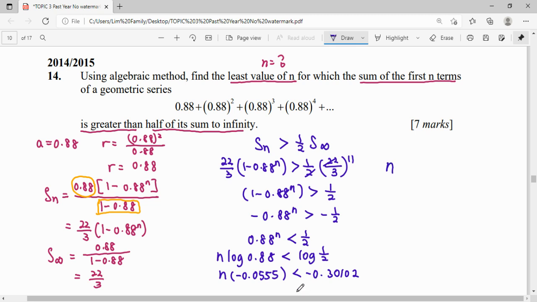So finally, I can move this value to the right hand side. When I divide by negative, it changes the sign again. So this sign will change back to bigger, because of the division by a negative number.